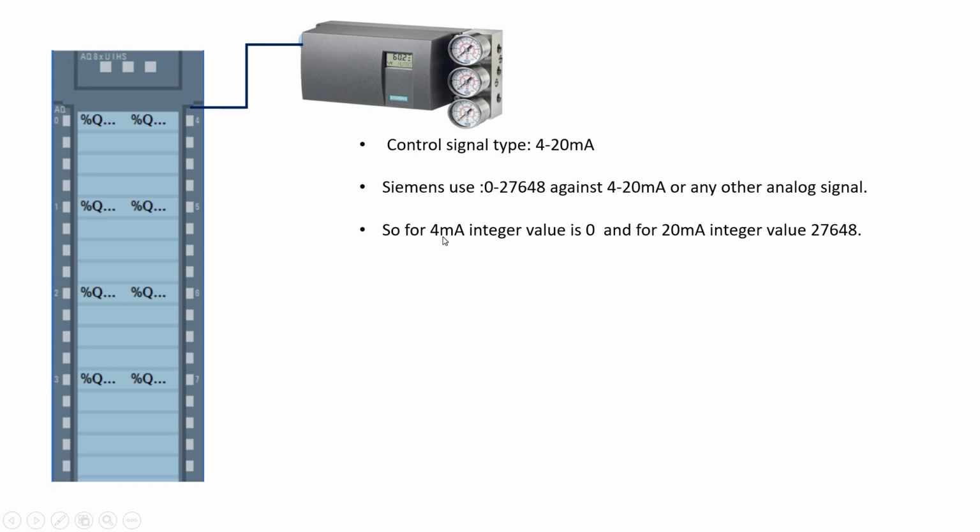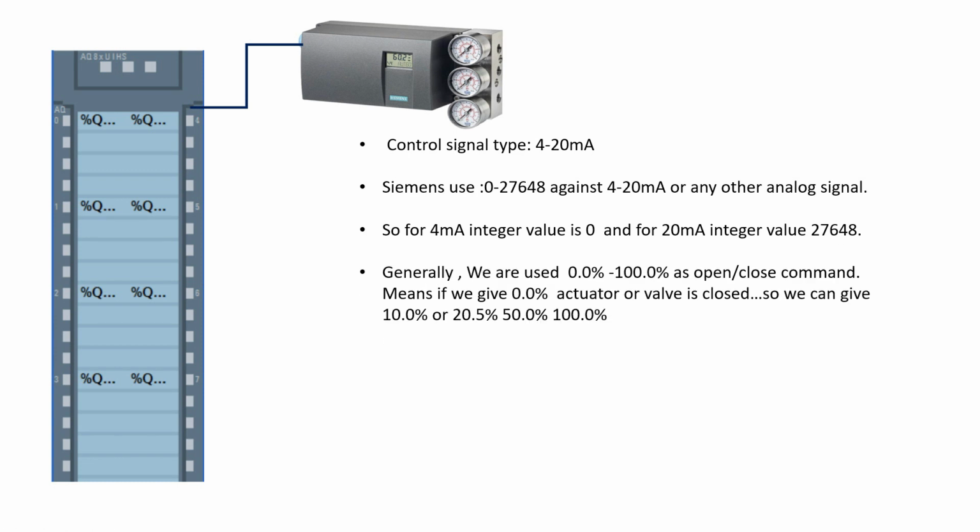So for 4 milliamps the integer value is 0, and for 20 milliamps the integer value is 27648.